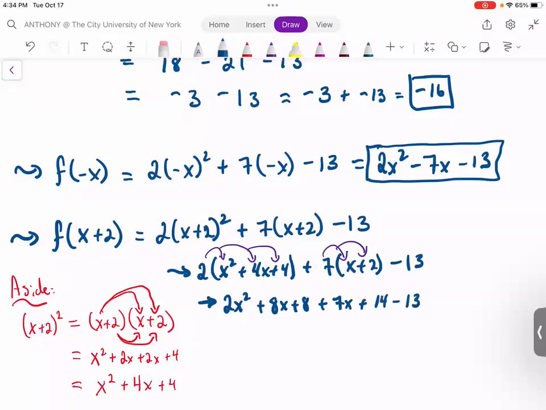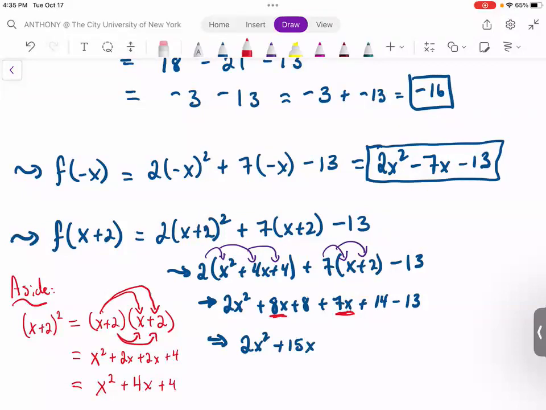And now you combine all the like terms. First of all, is there anything I can combine with the 2x squared? Nope. So I leave that alone. Can I combine anything with the 8x? Yes, 7x. So how many x's do we have? 15x.